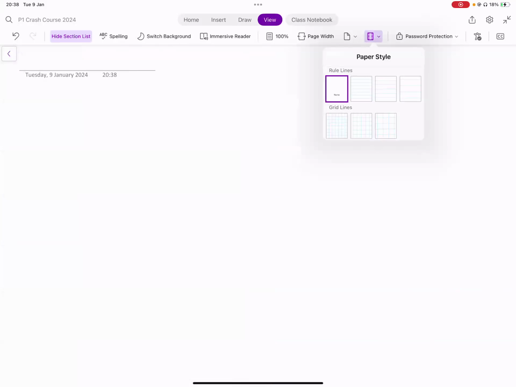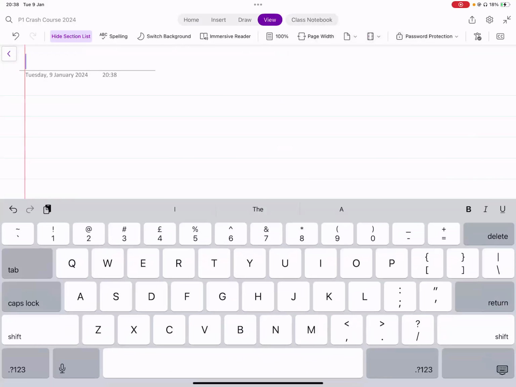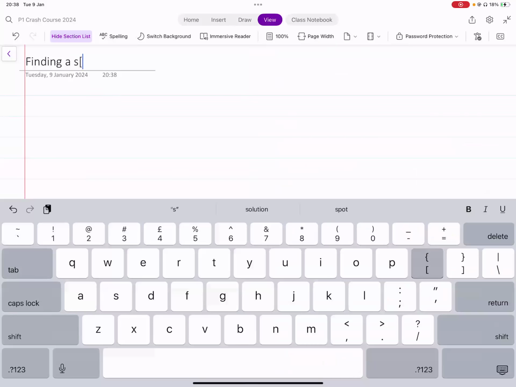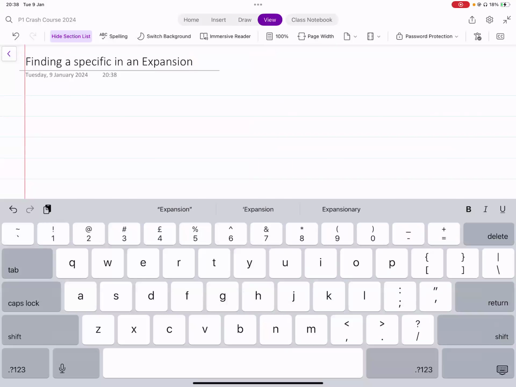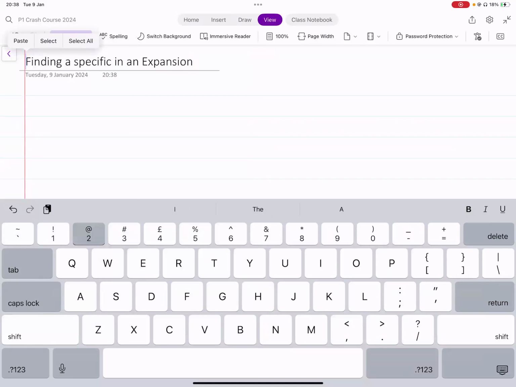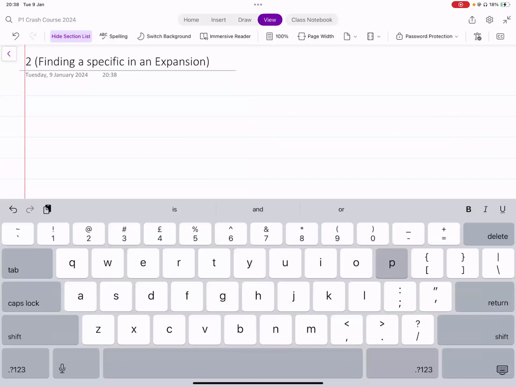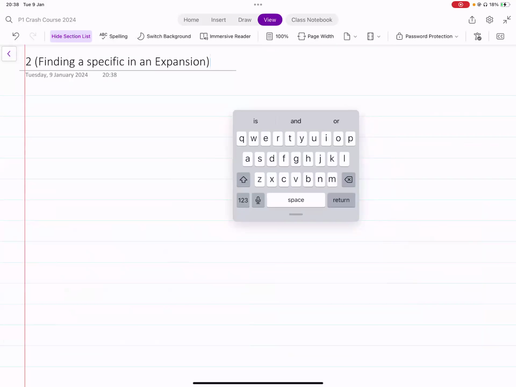All right. So let's talk about this thing. Finding a specific term in an expansion. That's the key thing that we want to do today. And we're actually going to do this using this example from the worksheet.